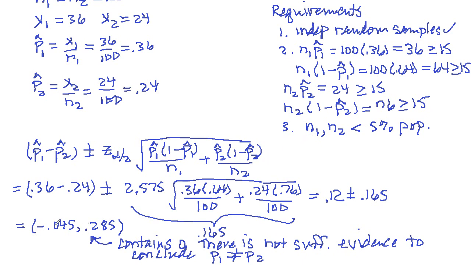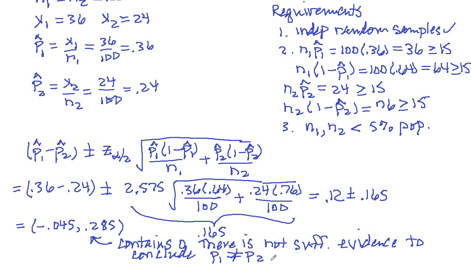So if this whole interval was greater than 0, we would conclude that the difference here is greater than 0, so P1 greater than P2. If this whole interval was less than 0, we conclude that P1 minus P2 was less than 0. Here we're concluding that they're either equal 0 or not equal 0.